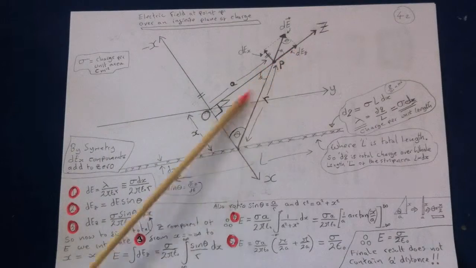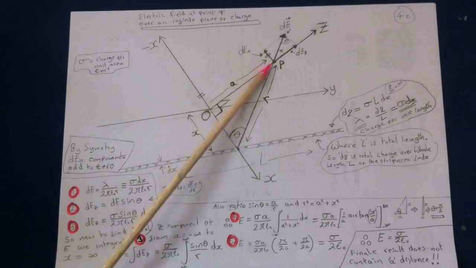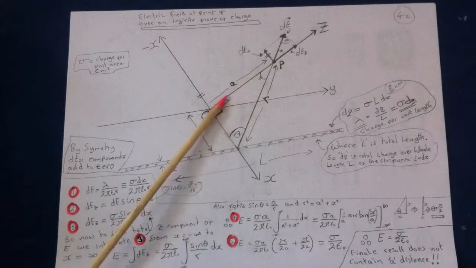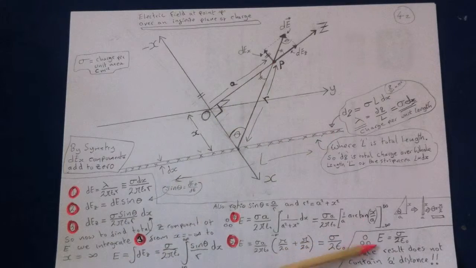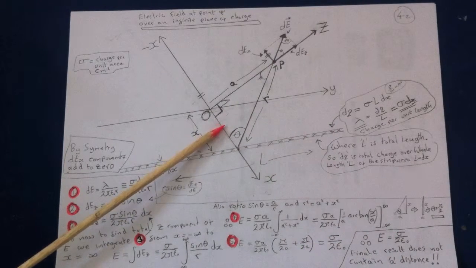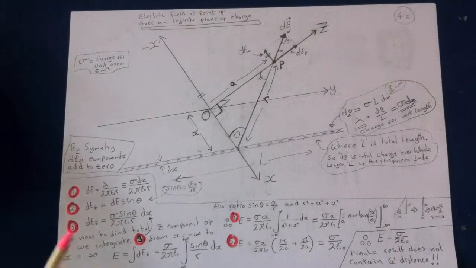No matter where you are above a very, very large plane of charge, the distance doesn't really matter. You're going to feel the same field, and the field is going to be the charge density of the plane, which is sigma, divided by 2 epsilon naught. So that is fascinating.